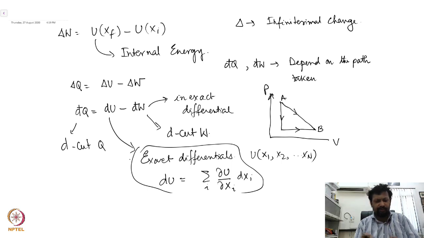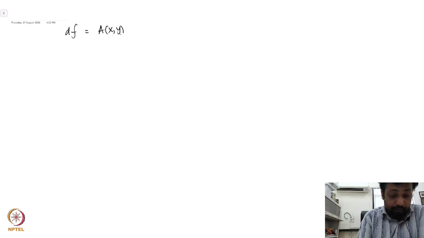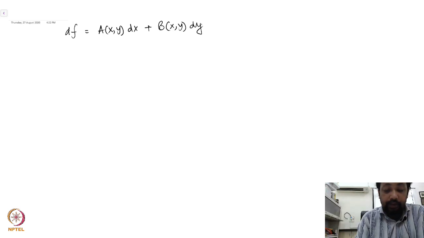So we shall do it very briefly. How do you differentiate between an inexact differential and an exact differential? An inexact differential, for example, if I have a function df, I can write this as a of xy dx plus b of xy dy. This is the change in this function. Now remember, if you have done calculus of a single variable, then df is df by dx times dx.